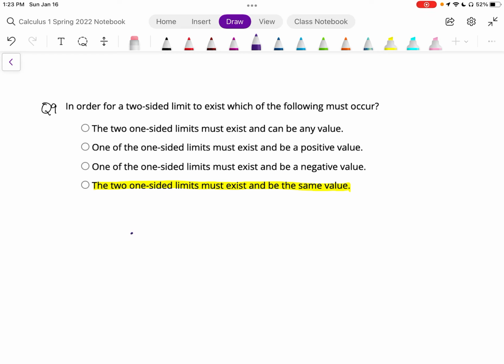In other words, the limit as x approaches a from the right of f of x and the limit as x approaches a from the left have to be equal, whatever the function is. Okay, they must be equal in order for a two-sided limit to exist. They both have to exist and they have to equal each other.